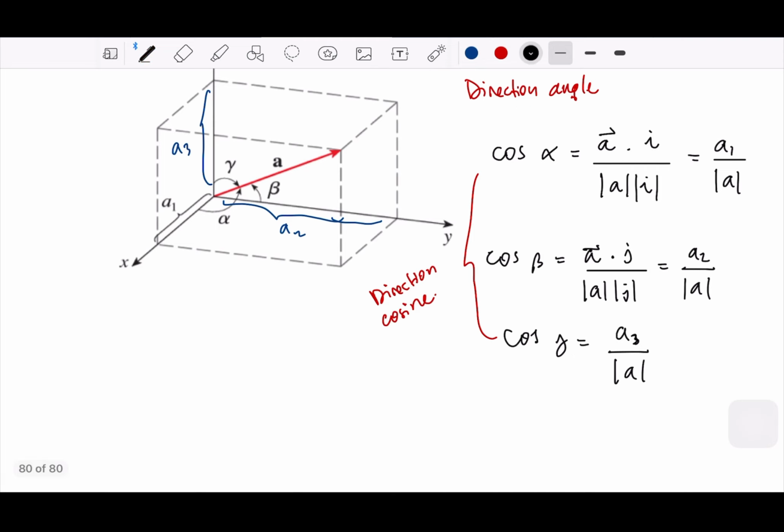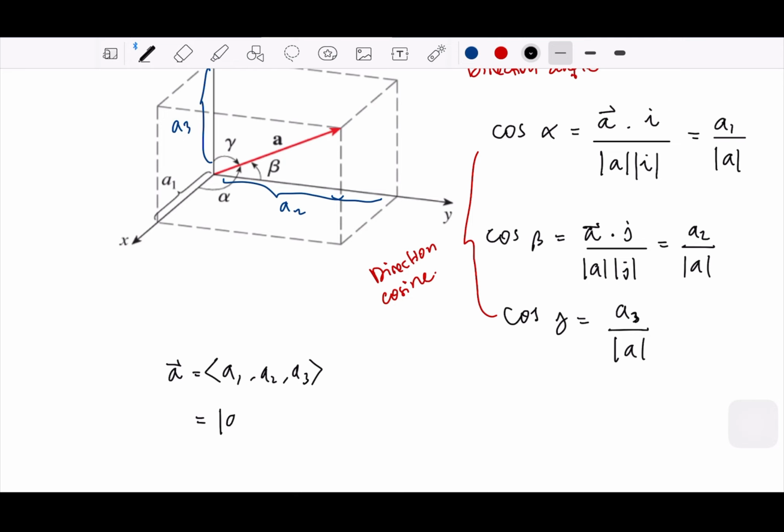We usually write the vector as A1, A2, A3, but we can describe this in terms of the cosines. We can factor out the magnitude of A, and then write cosine alpha, cosine beta, and cosine gamma.